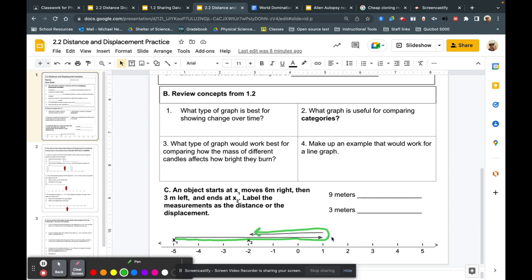So this green line would be the total distance. Our displacement is just how far we are from where we started. If we started at x sub 1 and we ended at x sub 2, then our displacement is just the separation between those 2 points. So then decide which one is the distance and which one is the displacement.